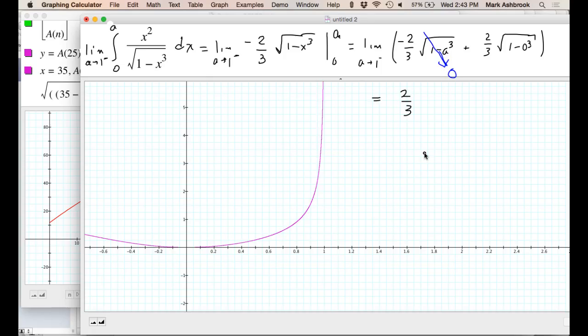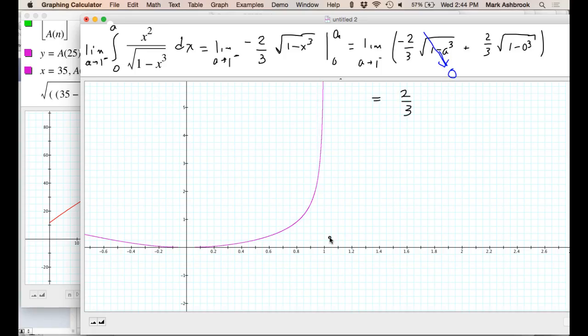So here's a case where the rate gets infinitely large as you get close to 1. But despite that, the quantity still grows to a finite amount. Okay? And why is that? It's because the rate gets close to 1 before it gets big, right?